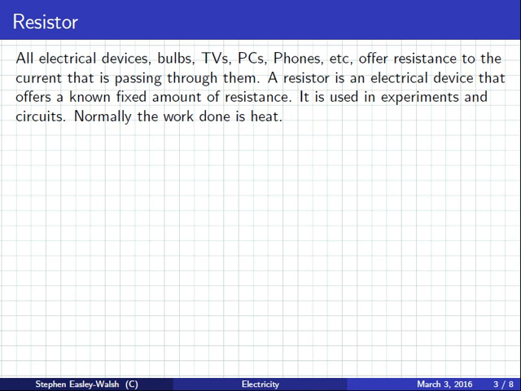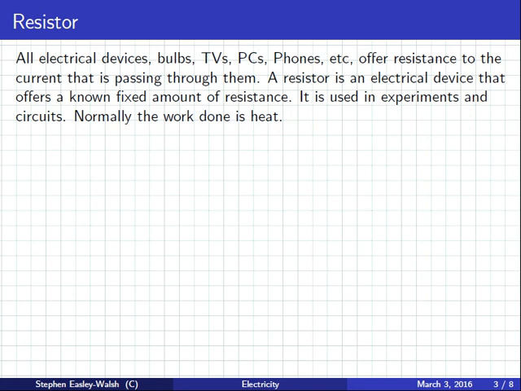So what do you think? What form of energy comes out of this? Yeah, it's heat. These little resistors are really just like little heaters. The heat is so small you can't even feel it. It almost feels like there is no heat. So that's a resistor. I think I have another picture of one as well.